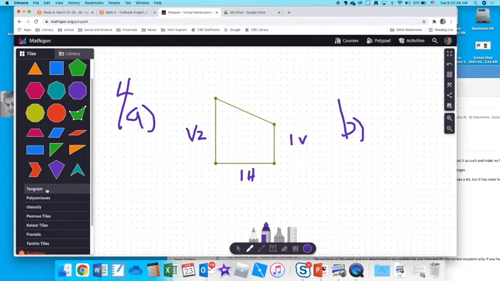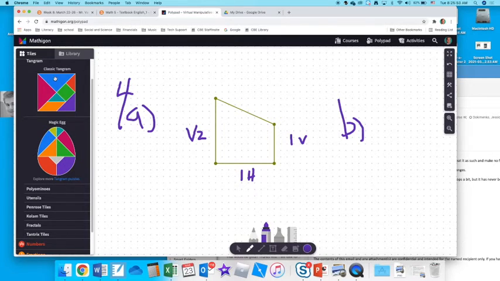So if you have some extra time and you want to do some math things that are interesting with polygons, I would suggest you maybe do something like make an animal out of shapes. So here we go. I'm going to give this a try. Let's see here, maybe one of these.